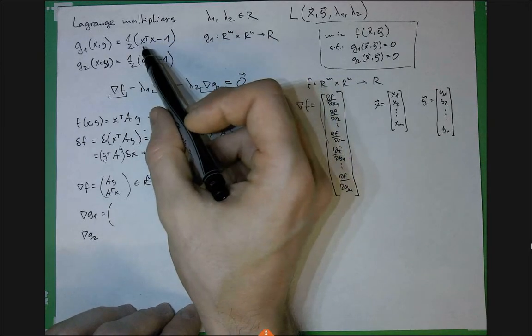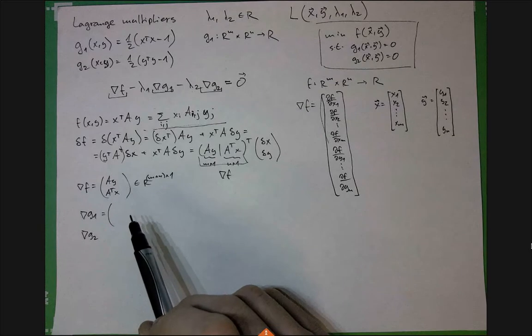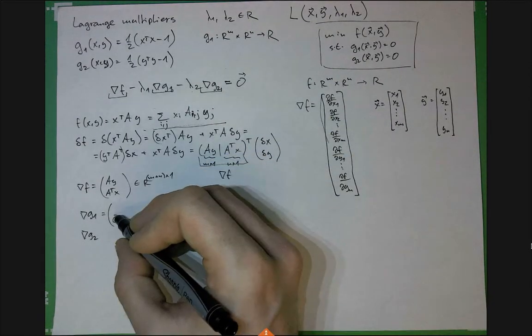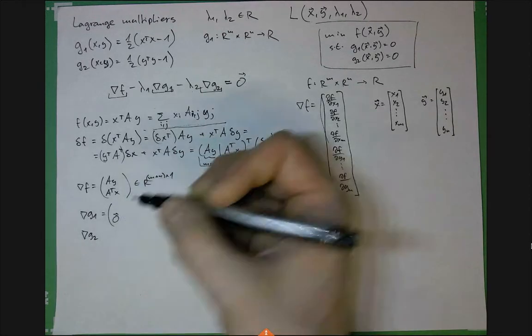If I want to compute the gradient of G1, what do you think that will be? Clearly G1 does not depend on y, so the gradient there will certainly be 0. This is to be understood as a vector of n zeros.